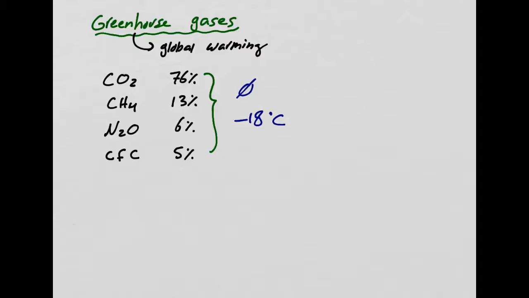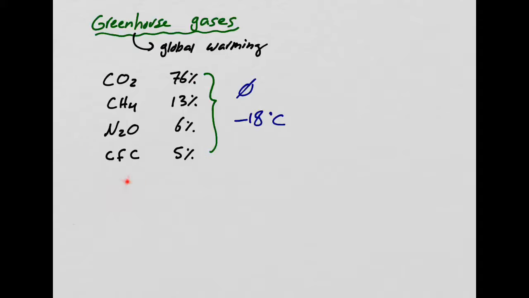They absorb heat and they keep the heat. So the average surface temperature of Earth is around 15 degrees Celsius. If we didn't have these gases, it would be minus 18 degrees Celsius. We could not live on this planet.